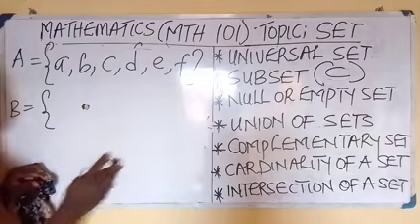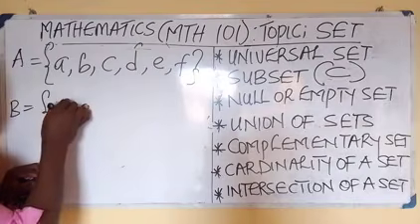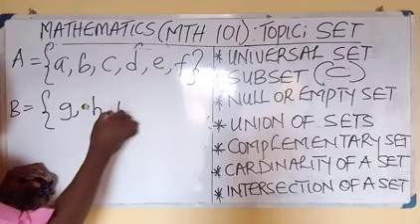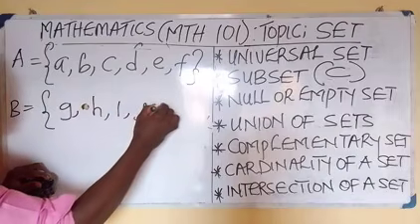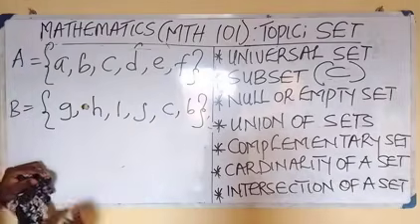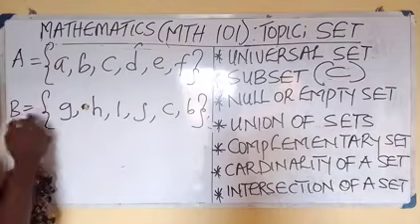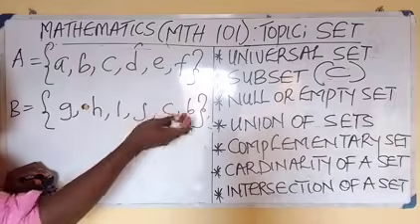F. Alright, this is set A. I have A, B, C, D, E, F, then B, G, H, I, J, C, B.